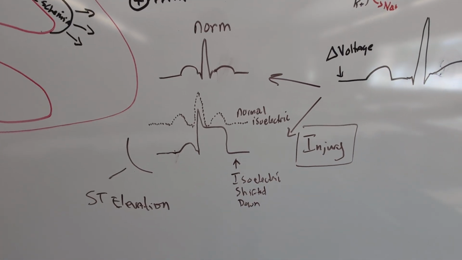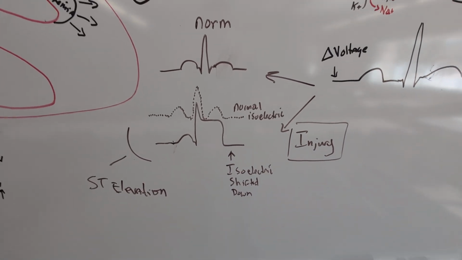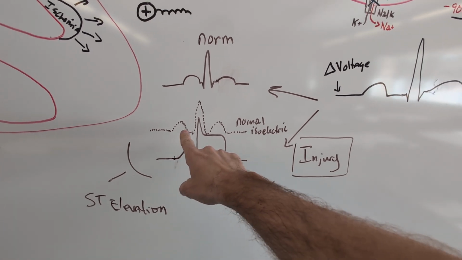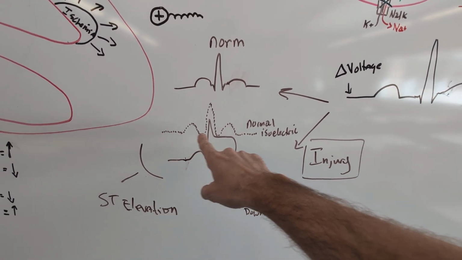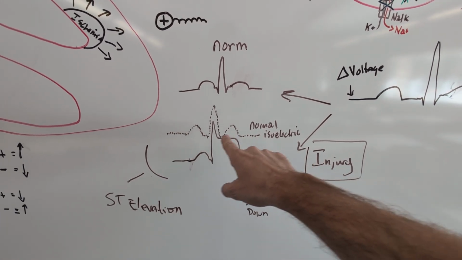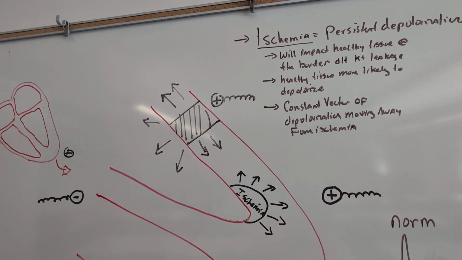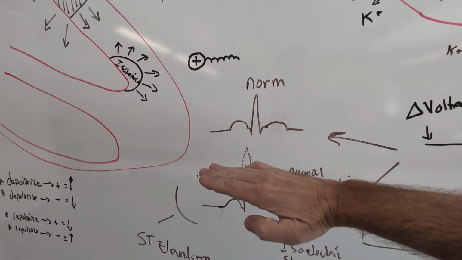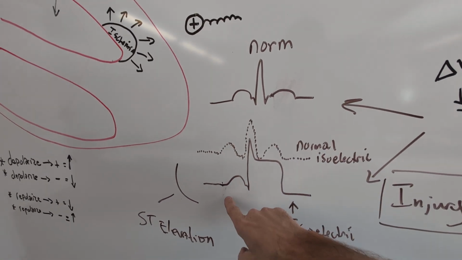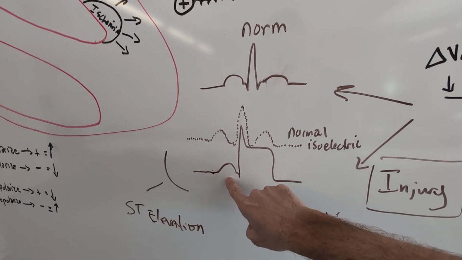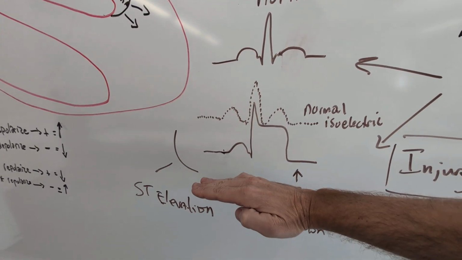Okay, so if we look at the ECG here, say your normal isoelectric line in healthy, well-perfused tissues would be up here, and then in the setting of transmural ischemia with this vector, that's going to shift downwards. So the isoelectric line gets shifted downwards.